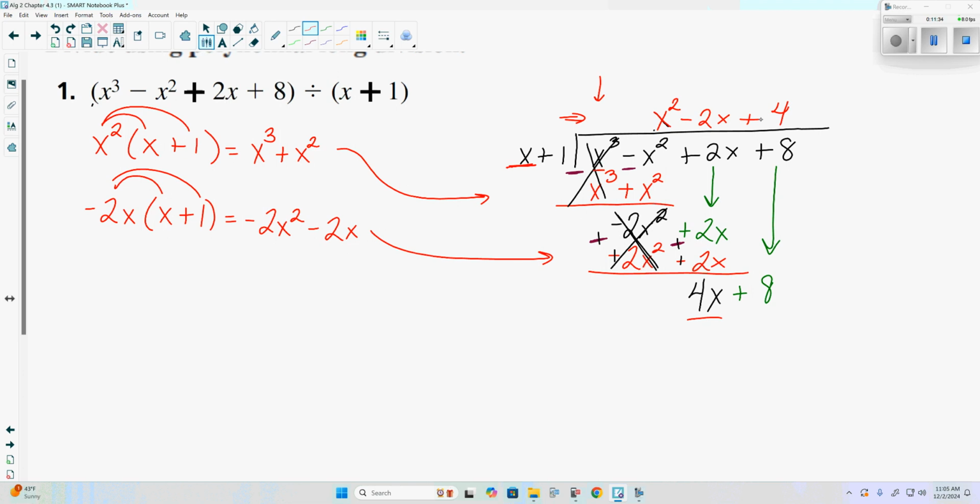So we're going to multiply 4 times our x plus 1. And our 4 times x is positive 4x. Is that the first term we wanted? Yep. And then 4 times 1 is plus 4.